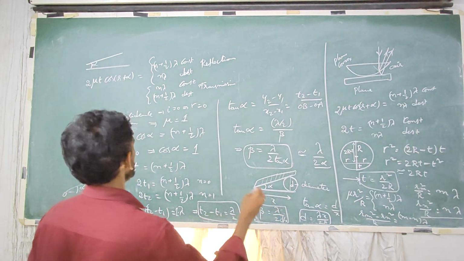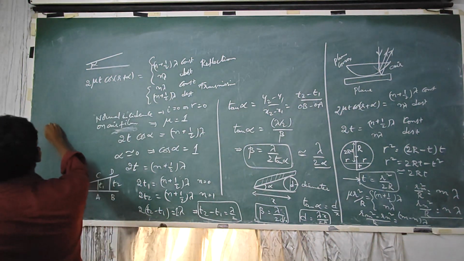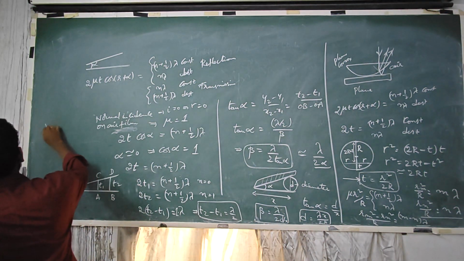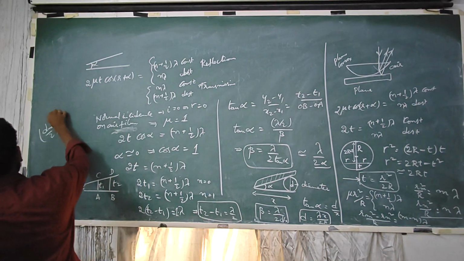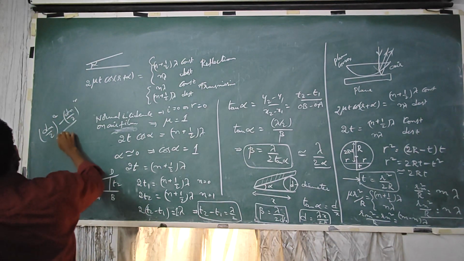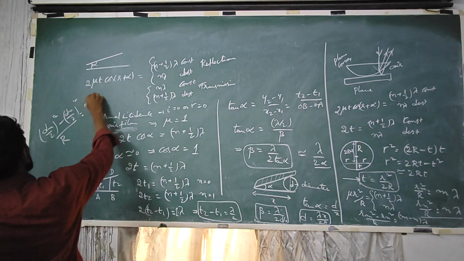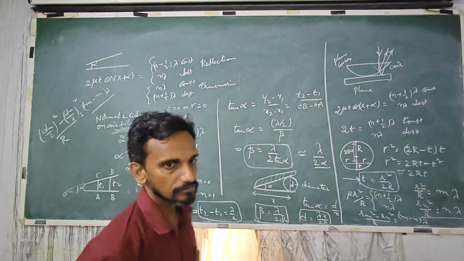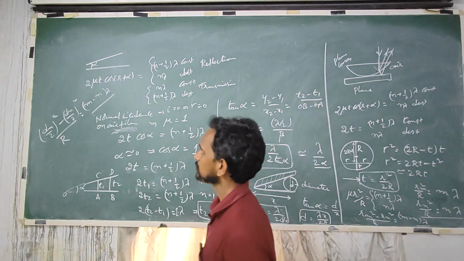So what can you write? So d m by 2 whole square minus dn by 2 whole square by r is equal to m minus n lambda. Right?